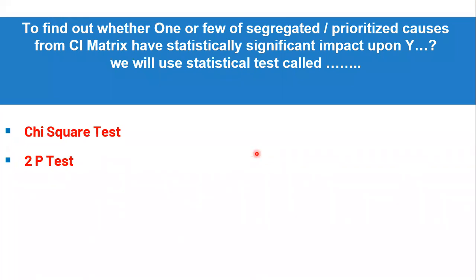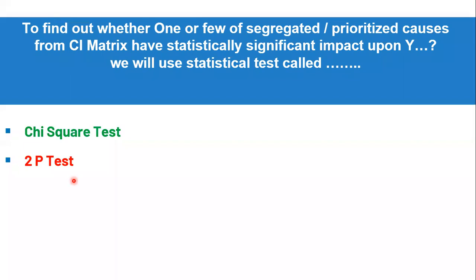So question number 1, to find out whether one or few of the segregated or prioritized causes from the CI matrix do have statistically significant impact upon Y, we will use a statistical test called chi-square or 2p test. And the answer is chi-square test.